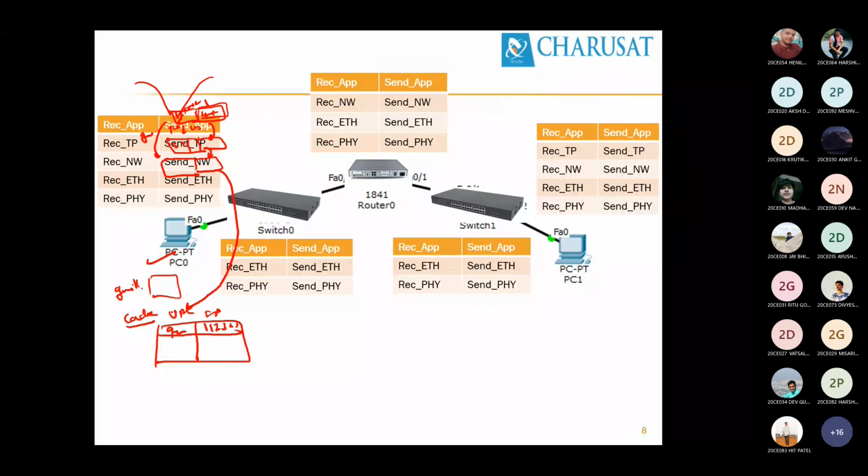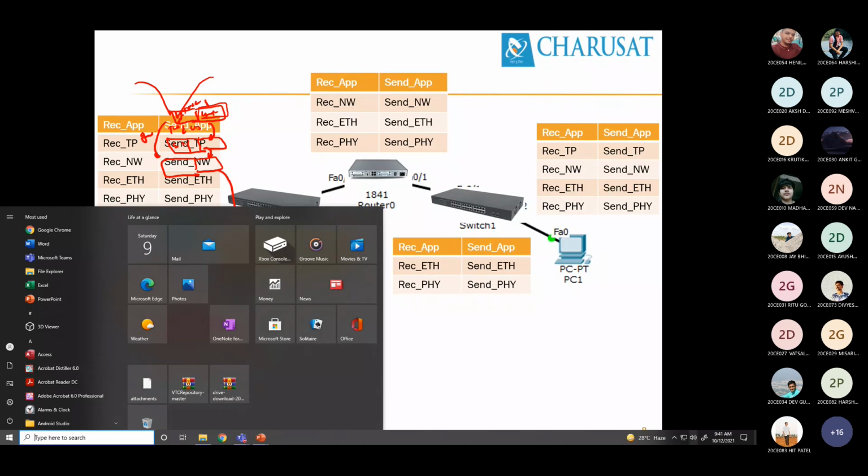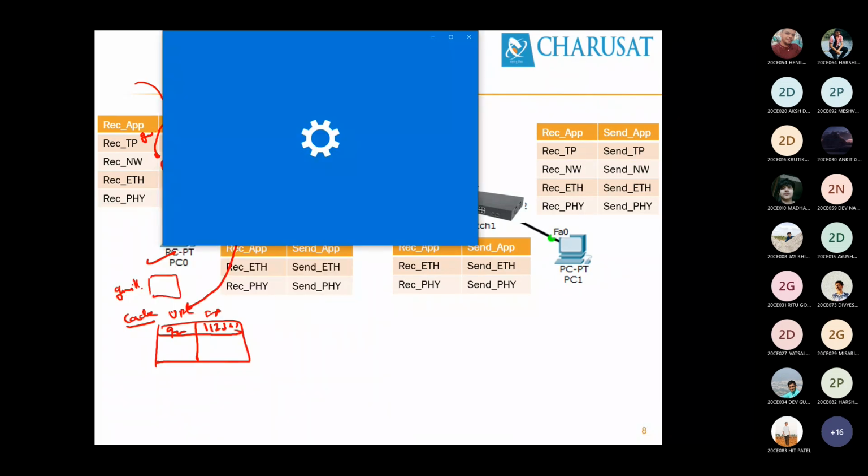how? You must have the IP address of a DNS server. Not in the router, but in the computers, you must have DNS configured. Let me show you this DNS configuration.